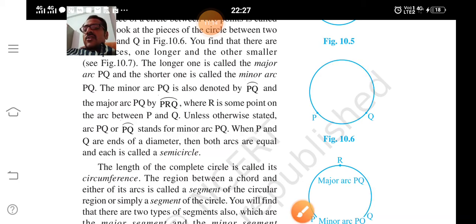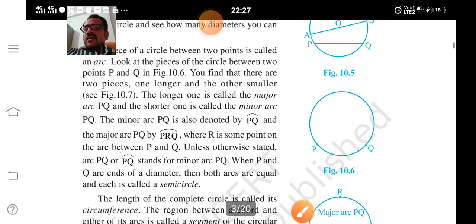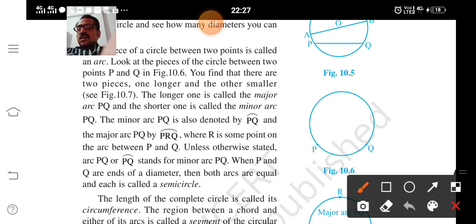See, there are 3 kinds of arcs. Let us understand about types of arcs. Look at the pieces of the circle between two points P and Q in figure 10.6. You will find that there are two pieces, one longer and the other smaller. The longer one is called major arc PQ and the shorter one is called minor arc PQ.